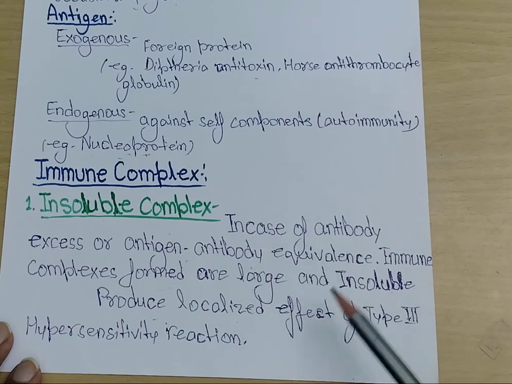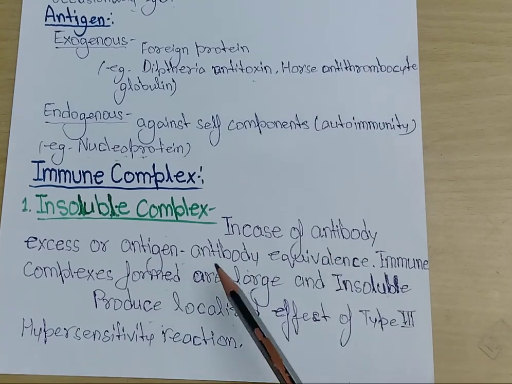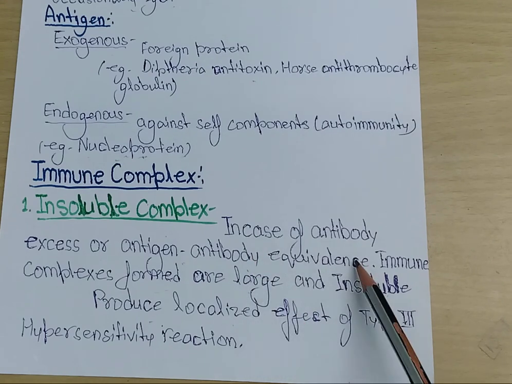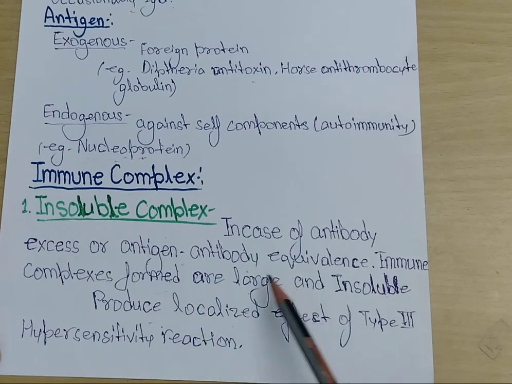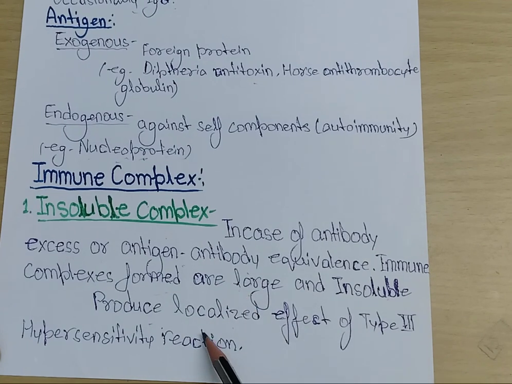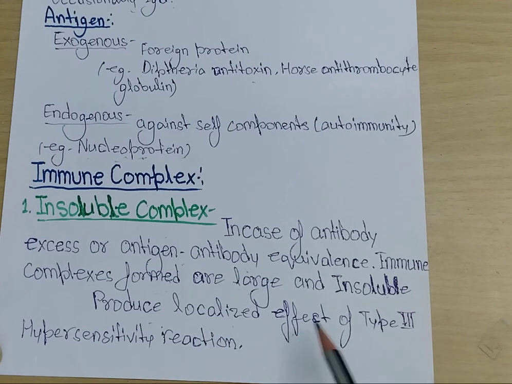When antigen and antibody react and form the complex, as it has large volume and is insoluble, it gets precipitated at the site of formation, so it produces less harm to the host, or only a localized response.